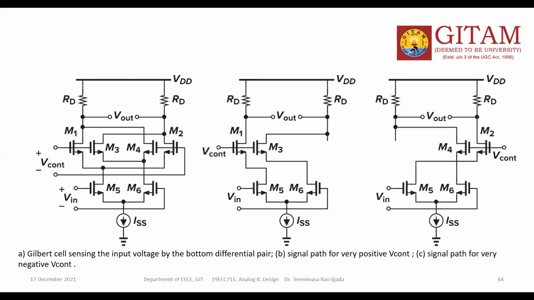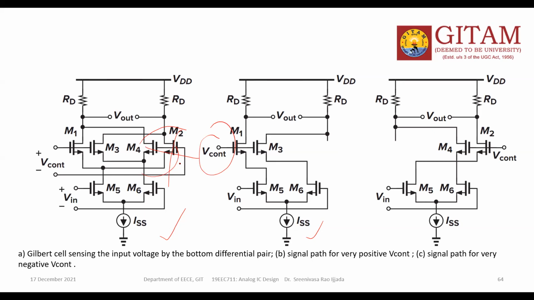This is the Gilbert cell, and here Vin is positive. When this Vcont is positive, M1 and M3 are on and the remaining two transistors are off, because this is positive and these are negative.